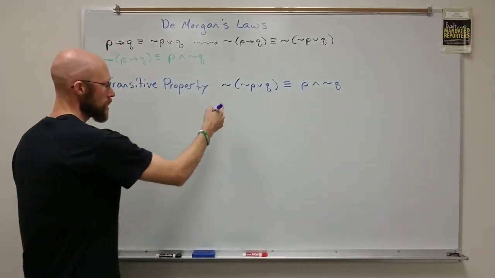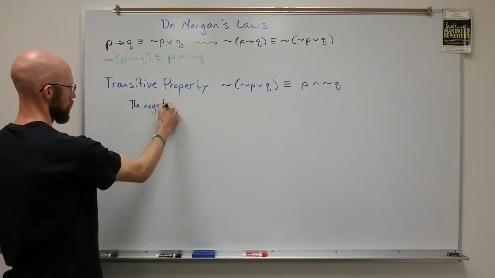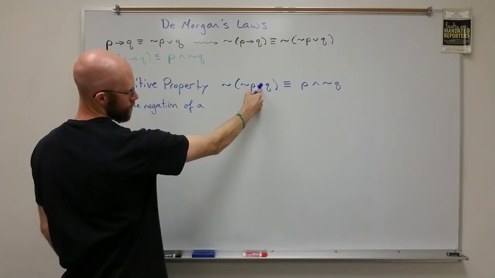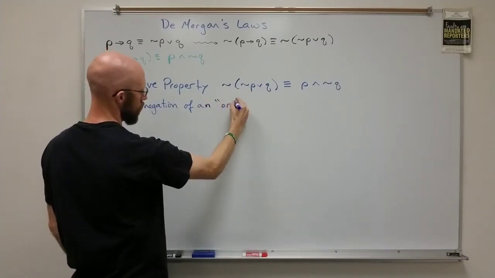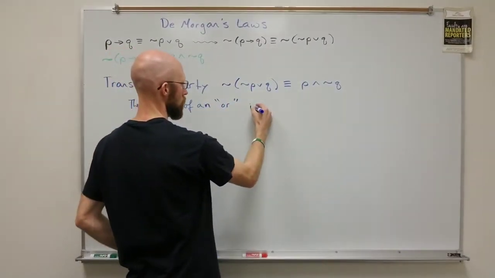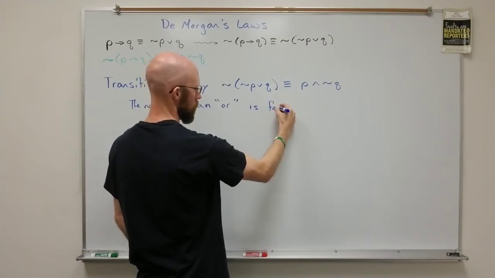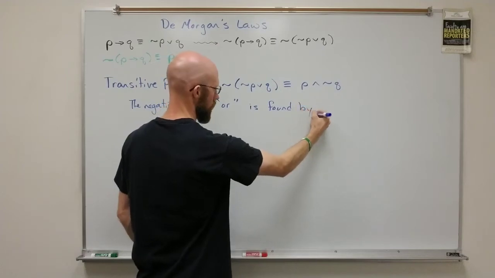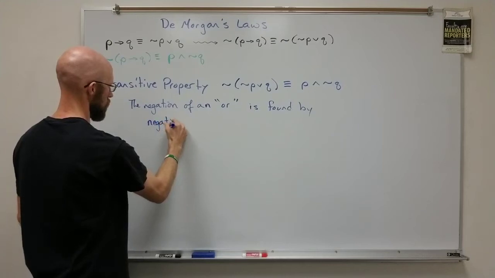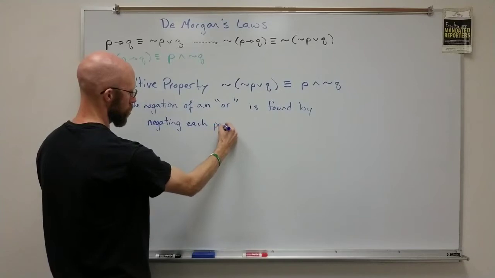What I could say is the negation of an or, right, the disjunction, the negation of an or is found by negating each part, right?